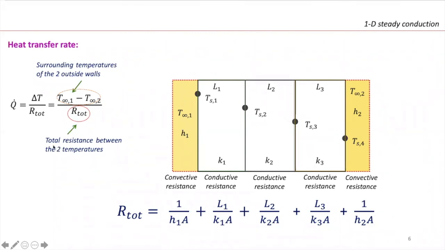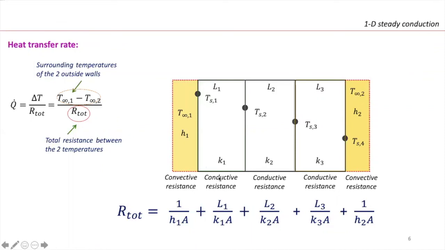R total in this case is the total resistance between the two temperatures, between this T surroundings 1 and this T surroundings 2. So how many resistances do we have? Let's count. We have one convective resistance, right? Why? Because we have a fluid in contact with our first wall. That's our first convective resistance.